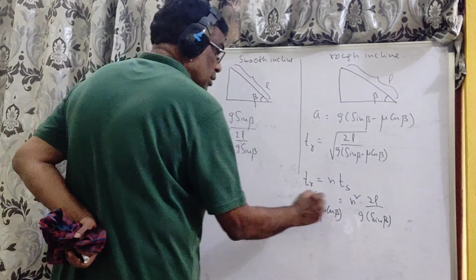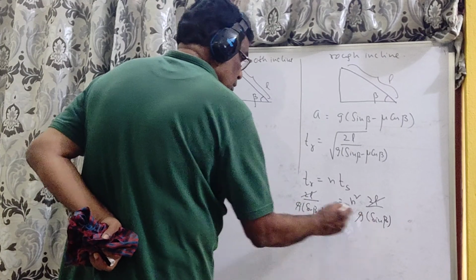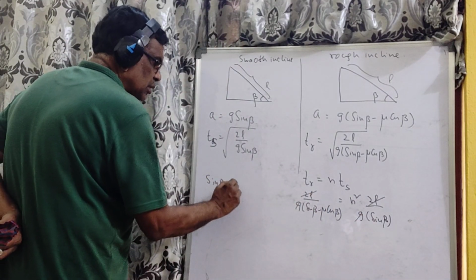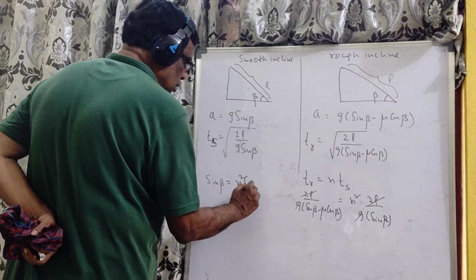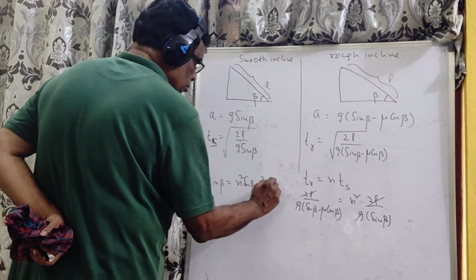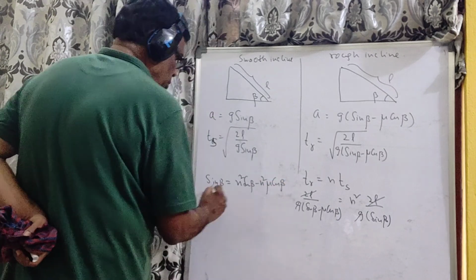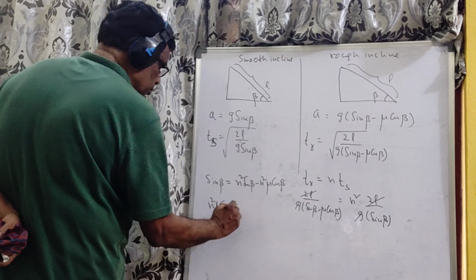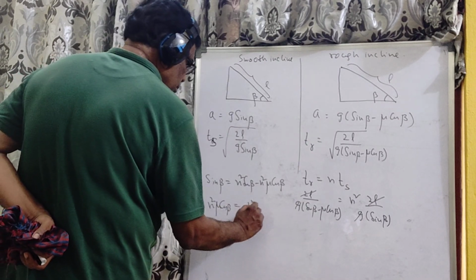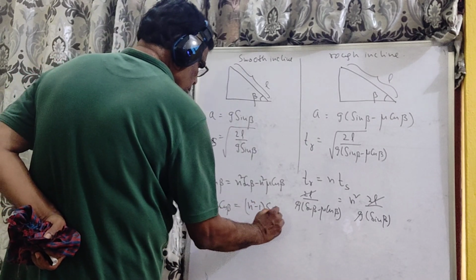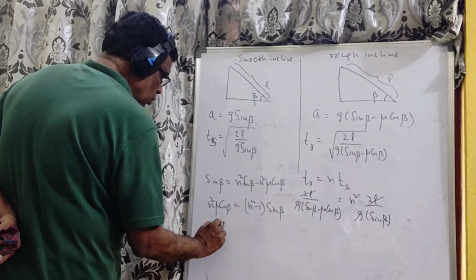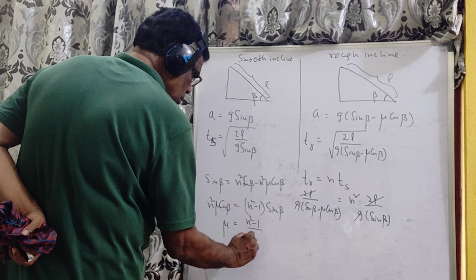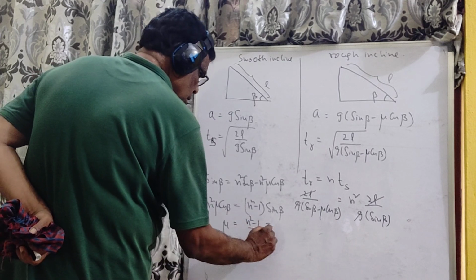G sin beta, 2n. Now you have sin beta is equal to n square sin beta. Now bring on to this side. So mu is equal to cos beta.